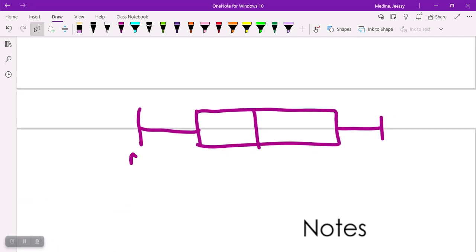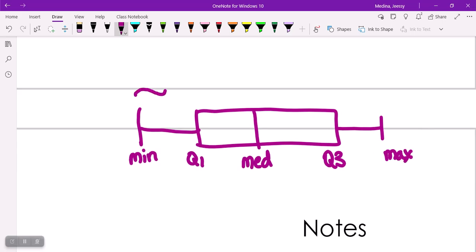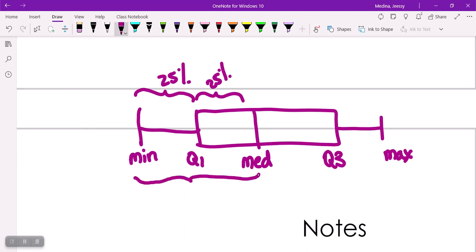This is the minimum. This is Q1. This is the median, Q3, and this is the maximum. Between here and here is 25% of the data, a quartile, a quarter. Another 25% means that together, from here to here is 50% of the data.